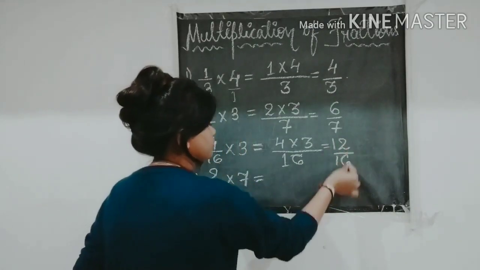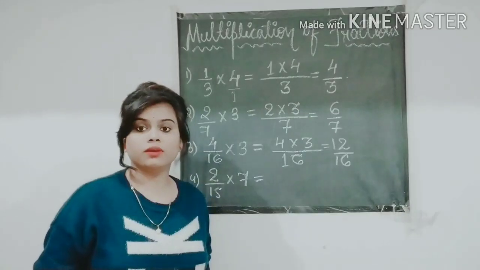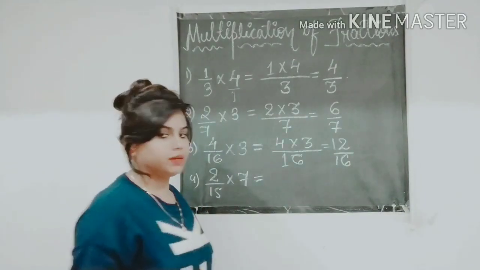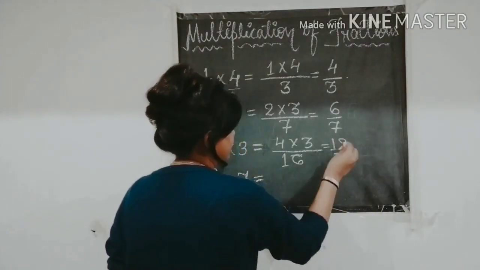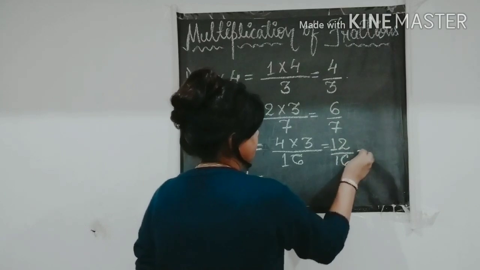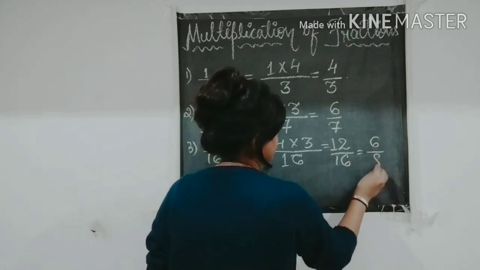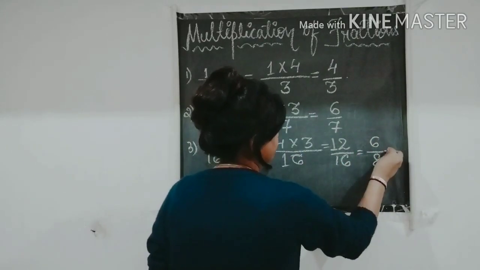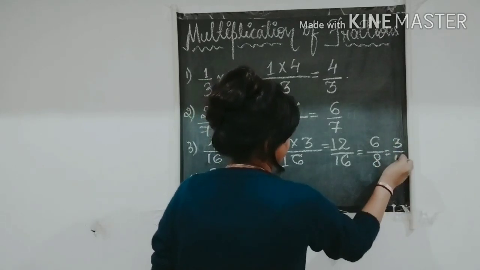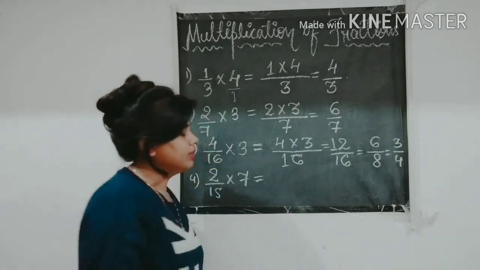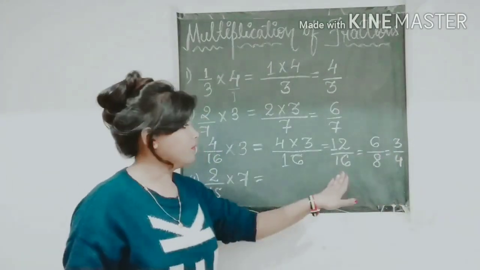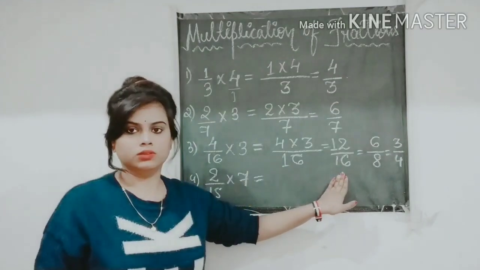Now for both numbers, you can divide using the multiplication table of 2. When we divide by 2, we will get 6 by 8. And further we will divide, then we will get 3 by 4. It is not necessary to get the least number. You can solve up to here also.